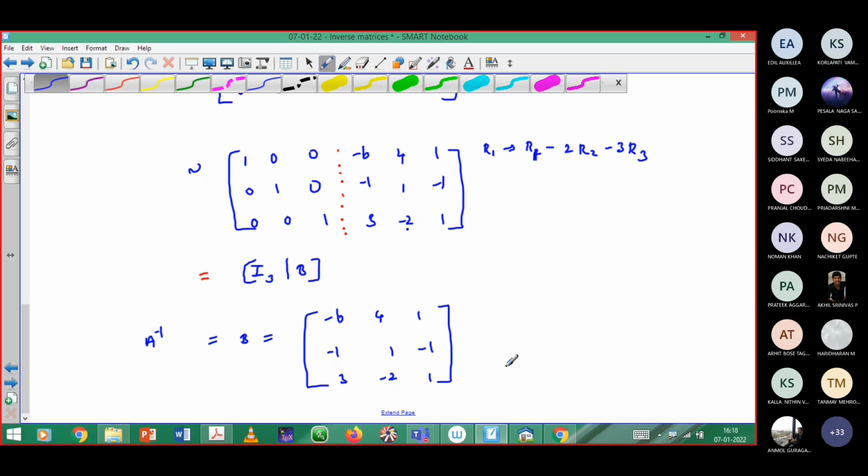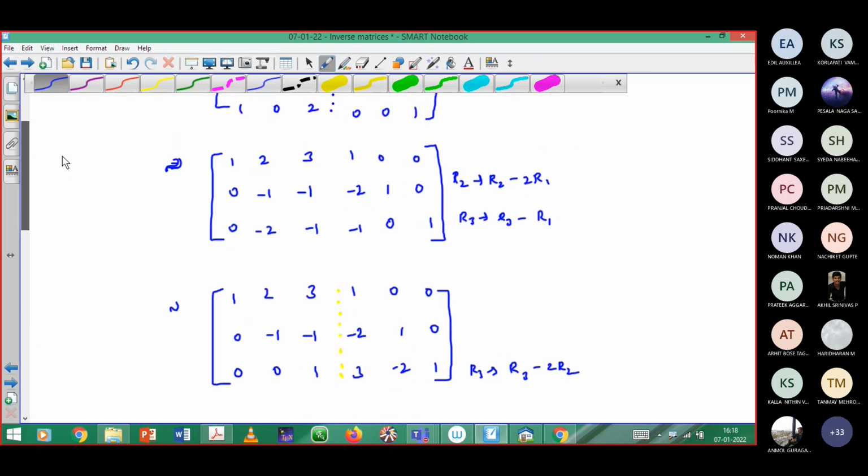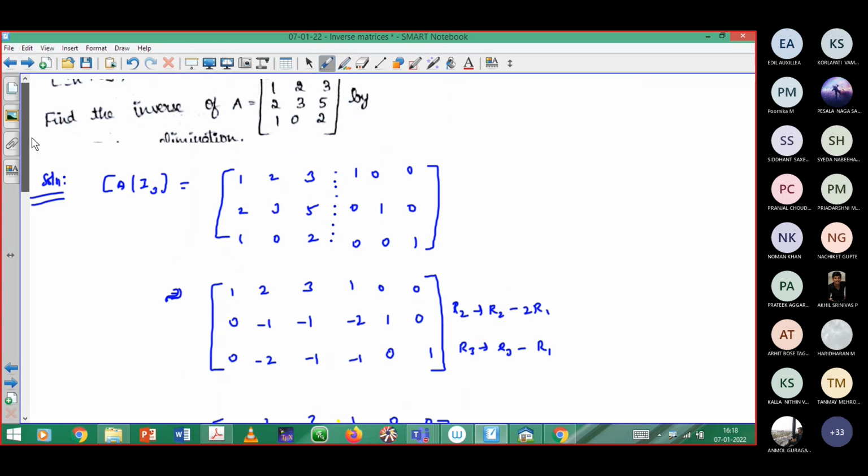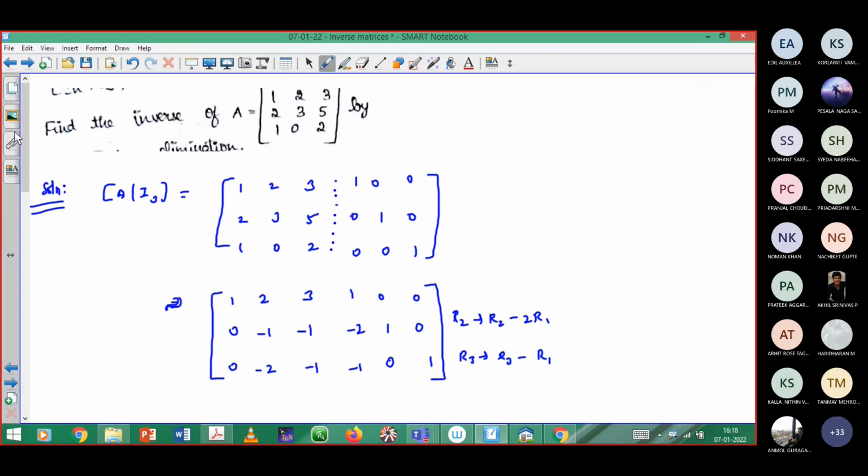Okay, that's it. Whatever the element numbers provided to you, that doesn't matter. They can even give a size of 4 by 4. So you have to follow the procedure. First step is to create the augmentation with the identity matrix of the same size.